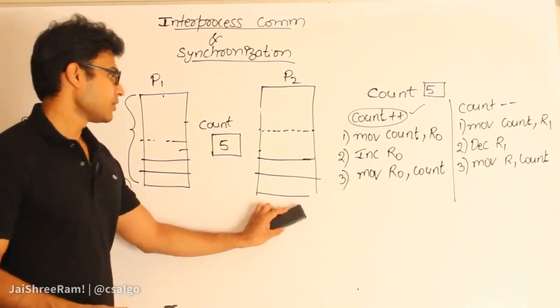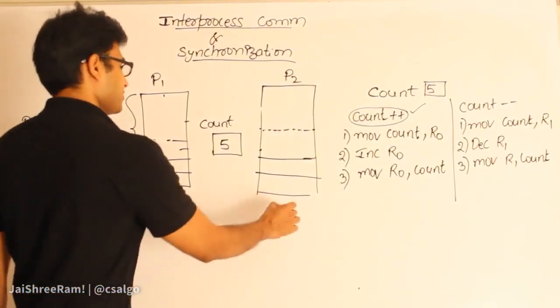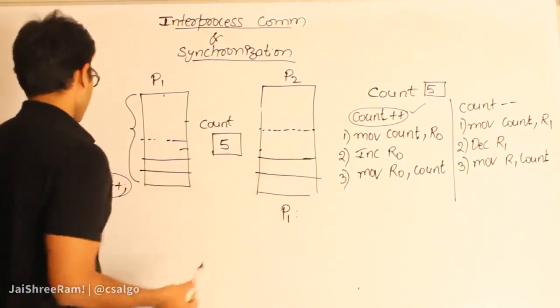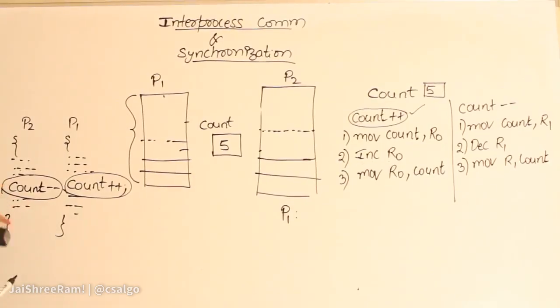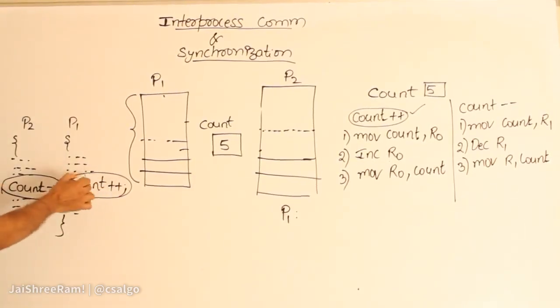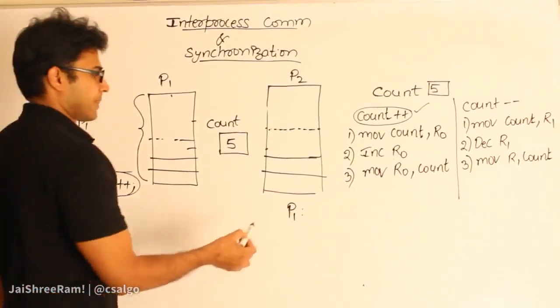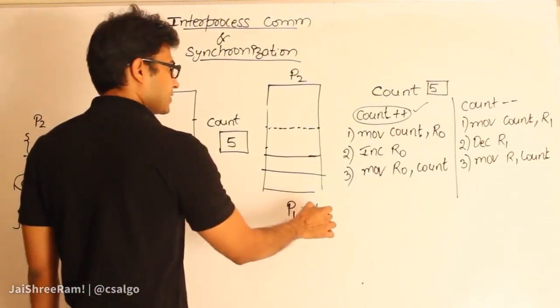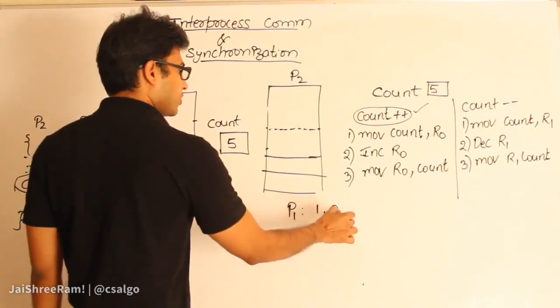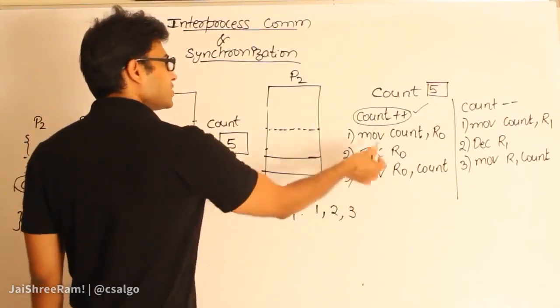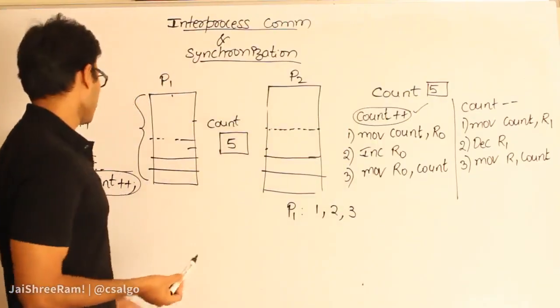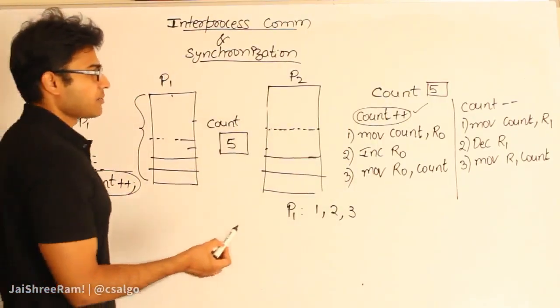So assume that now the process P1 is scheduled, and we are doing count plus plus, so P1 is executing its line number 1, line number 2, line number 3 of this particular code, only count plus plus, right?